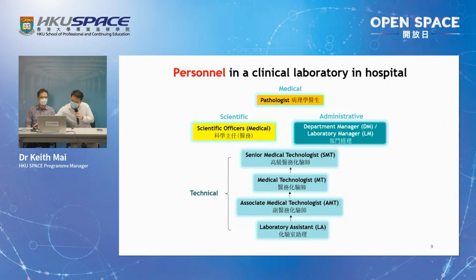Generally, we start off as a laboratory assistant, and they will take certain programs to get the MLT license to practice as a medical laboratory technologist, and they can progress into an associate medical technologist. After a certain number of years, and depending on the availability of positions, they can progress into a medical technologist and later a senior medical technologist.